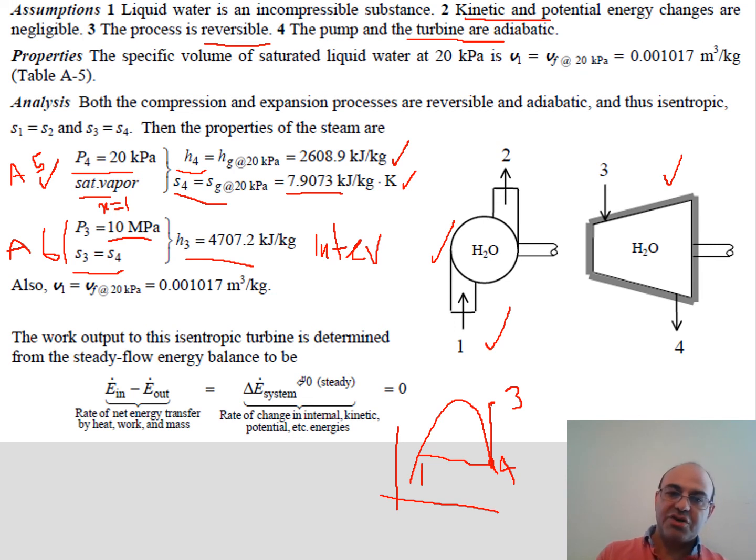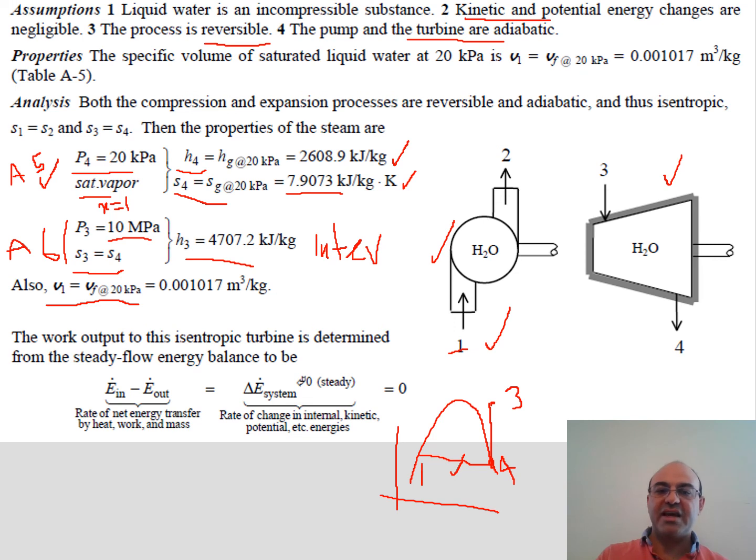Okay, so for point 1, the inlet to the pump, we know that it's saturated liquid, so V1 is equal to Vf at 20 kilopascal, because this line is the 20 kilopascal constant pressure line.